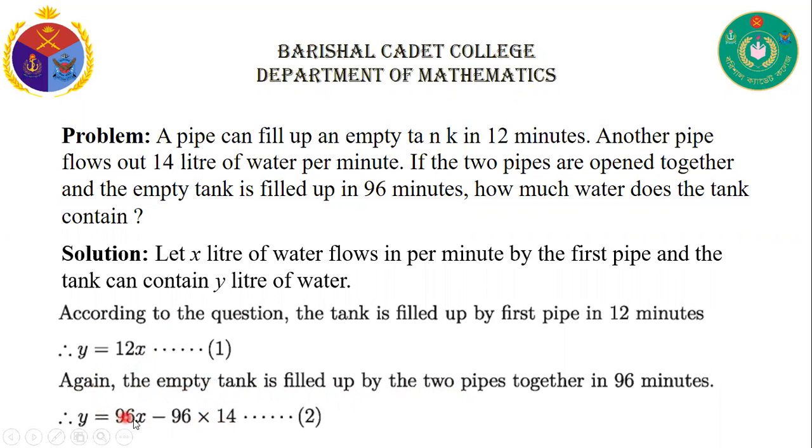Y equal to 96x because it's 96 minutes and flows in 96. We know that Q equal to Q naught plus minus Qt. And minus 96 into 14, that is flows out for 96 minutes. So that is why Y is filled up.